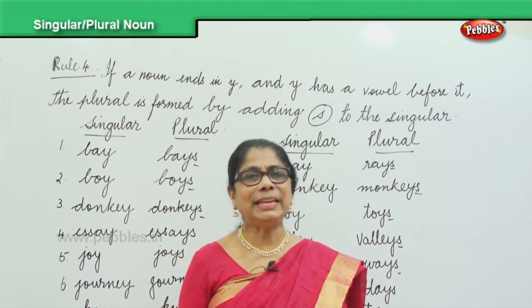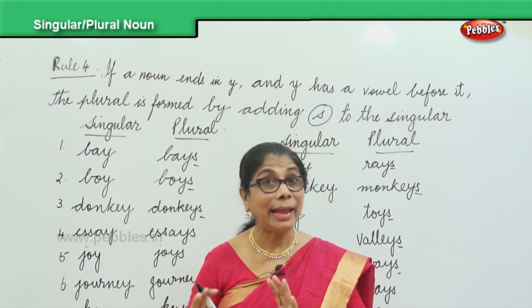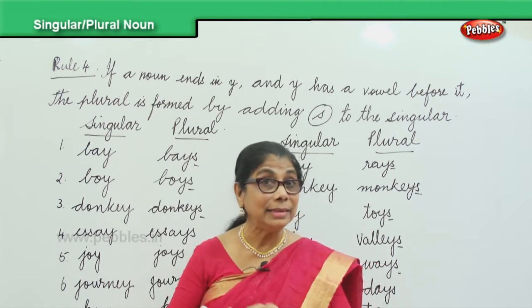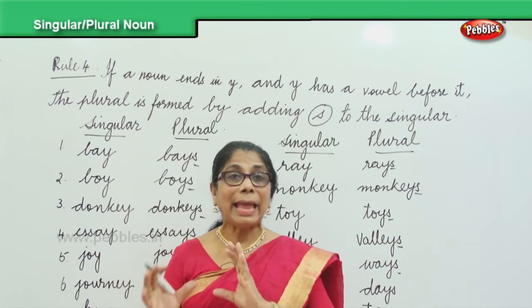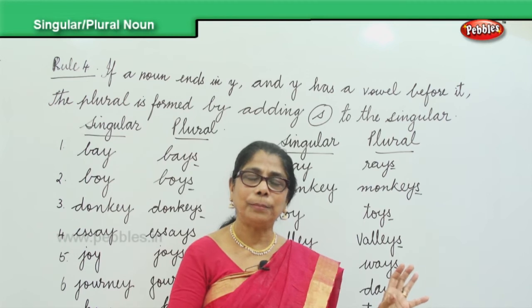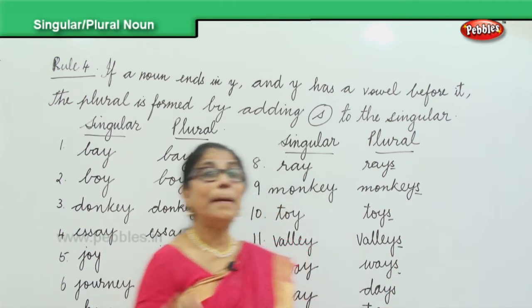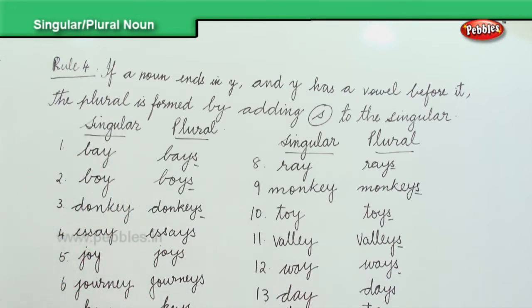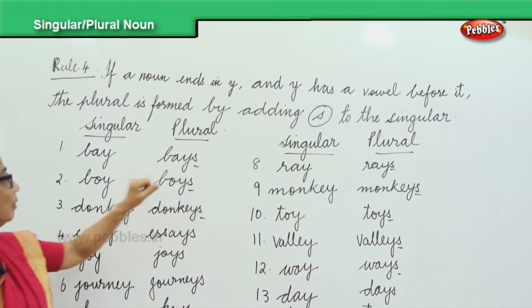So, very simple. You have a singular noun ending in Y and there is a vowel before it. You simply add S at the end to form the plural form. It's very easy. Try not to remember the rule, but practice. Let's look at it. If a noun ends in Y and the Y has a vowel before it, then the plural is formed by adding S to the singular.